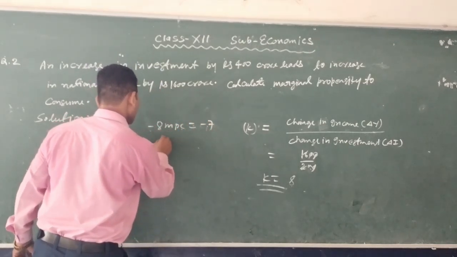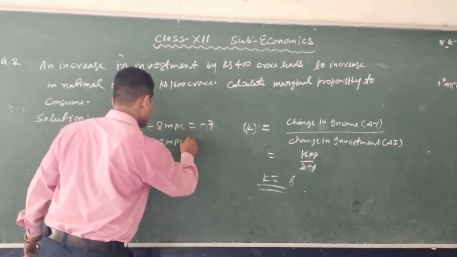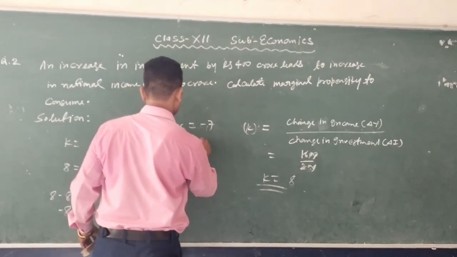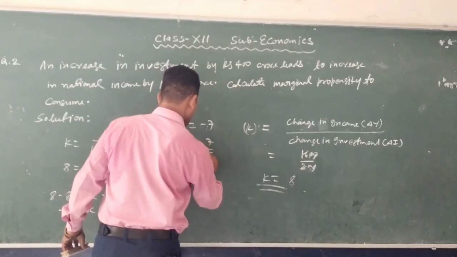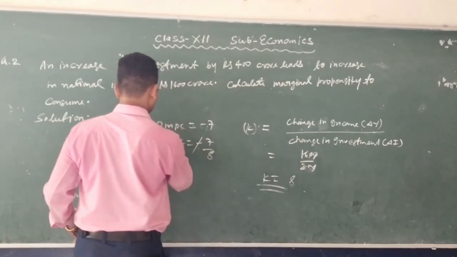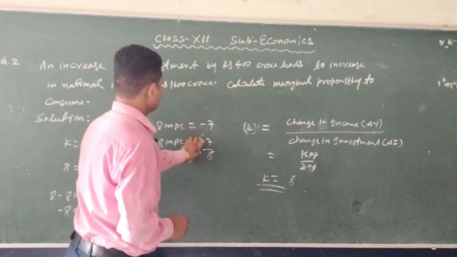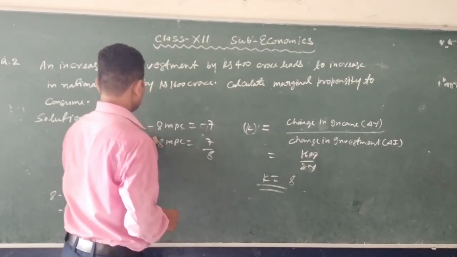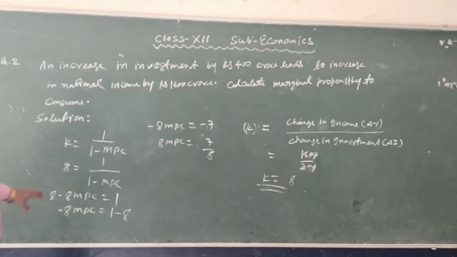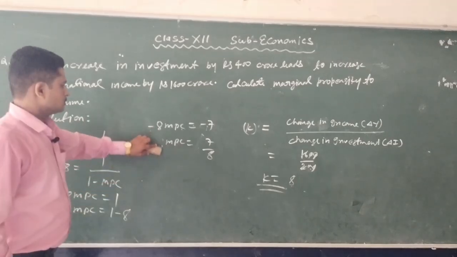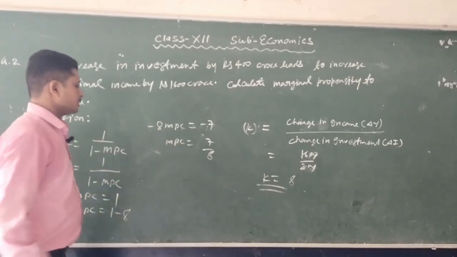The minus signs cancel out. So MPC is equal to 7 upon 8.